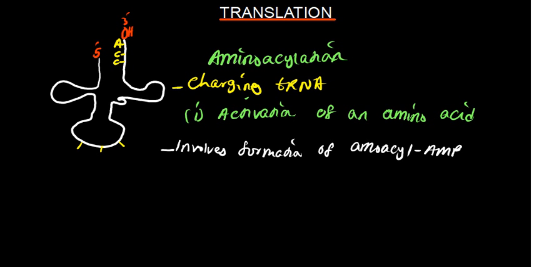So that one is also what we call amino acyl adenosine. So the process of activation of an amino acid involves the formation of this molecule, but this only becomes possible due to hydrolysis or breaking down of ATP.